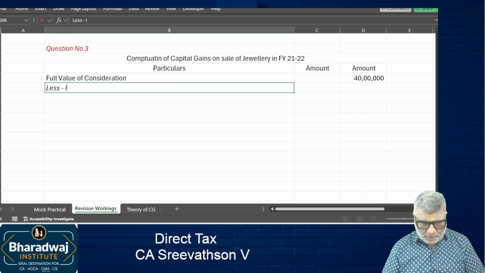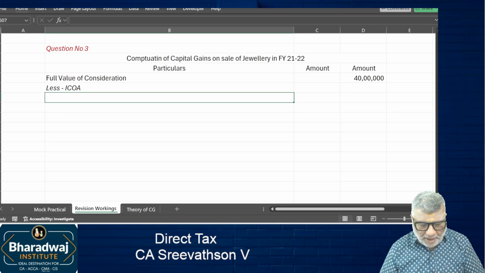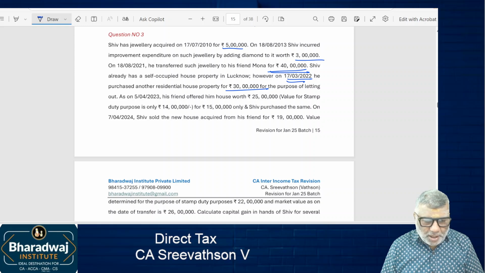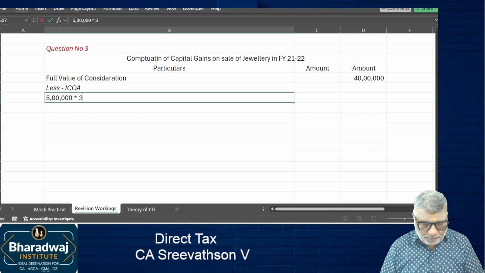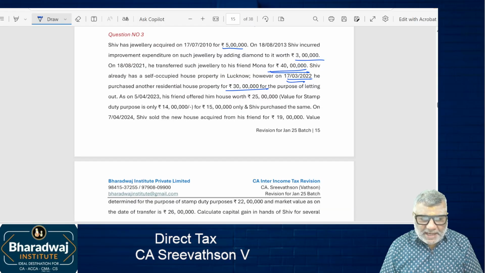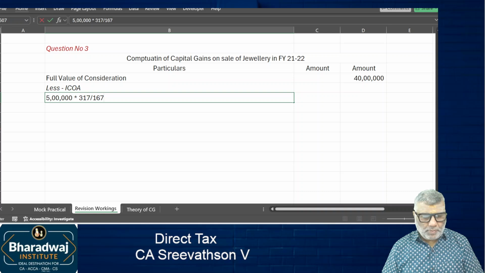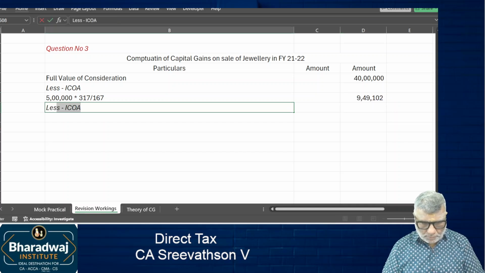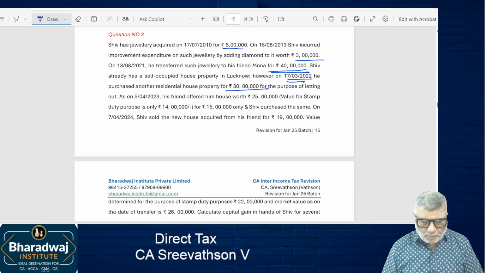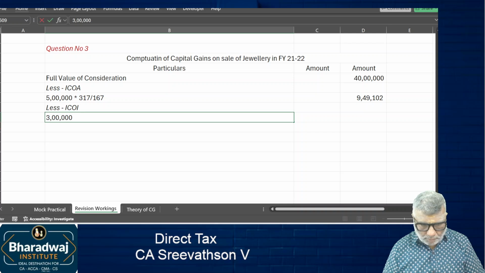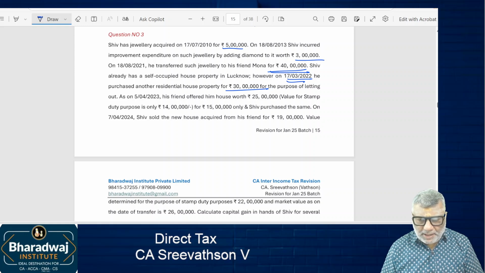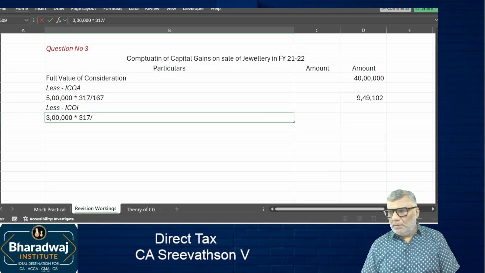Less indexed cost of acquisition: 5 lakhs into financial year 21-22, give me the numerator of 317, divided by financial year 10-11. Financial year 13-14, improvement 220.